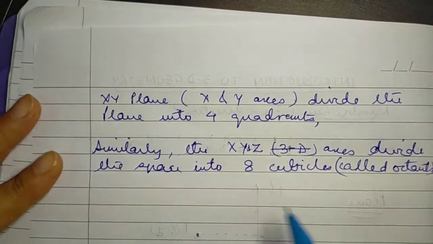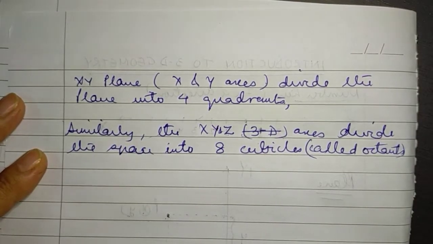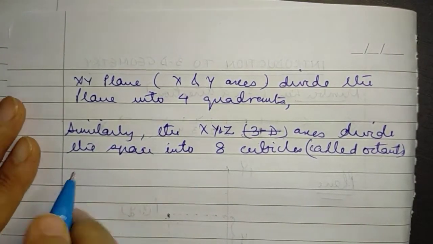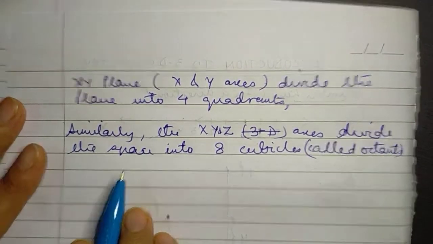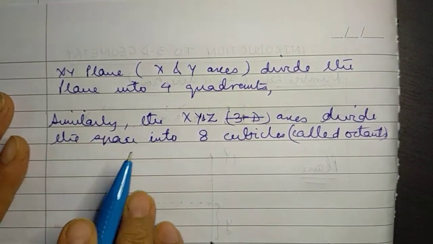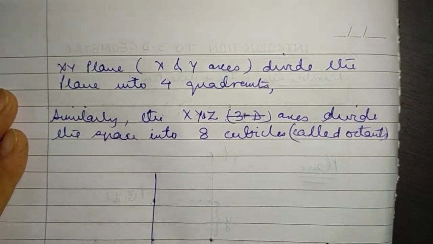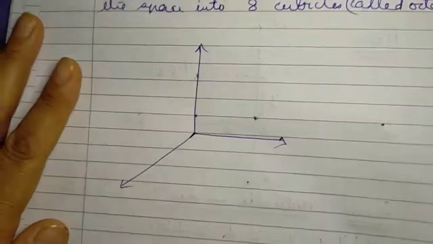Now, the coordinates and the sign of any point: as we have seen, we have to see the position of any point in a 3D space. So we take a 3D space, something like this.